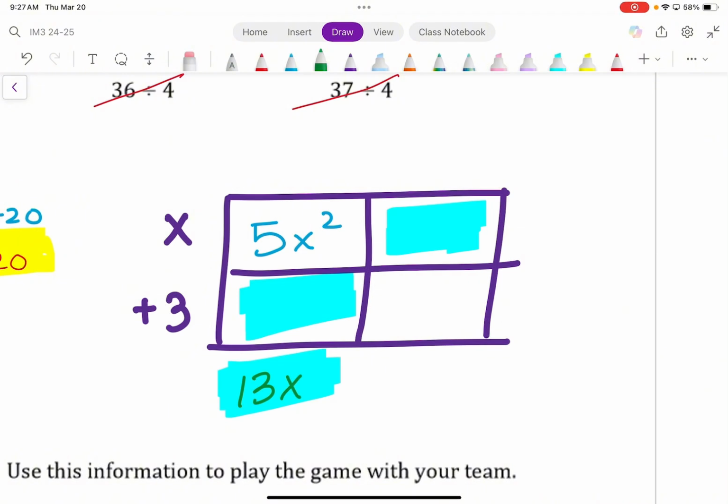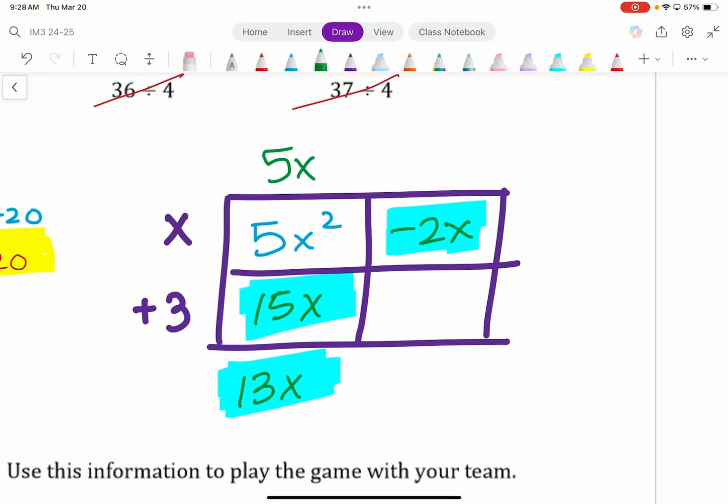Now that you guys had a chance to do it, give me the numbers that need to go above 5x squared. X times what gives you 5x squared? 5x. We then multiply 5x and 3 to get 15x. Now, you can have negative numbers, okay? You can't go from 15 to 13 if you add a bigger number that's not negative. So what are we missing here? Negative 2x.